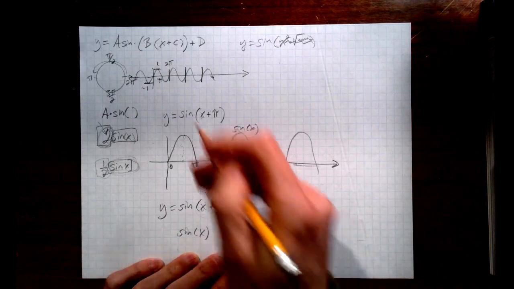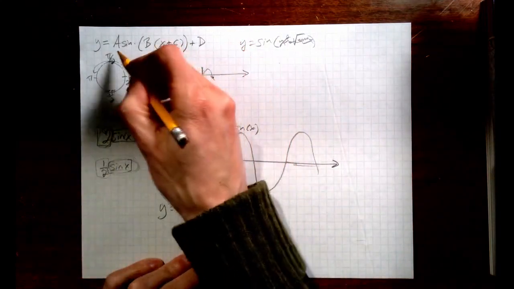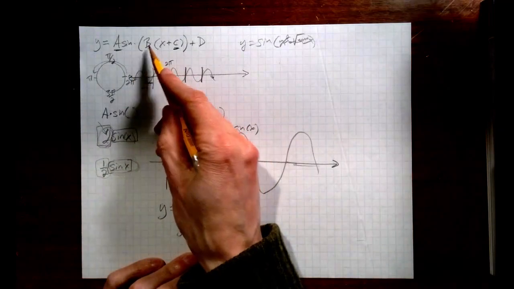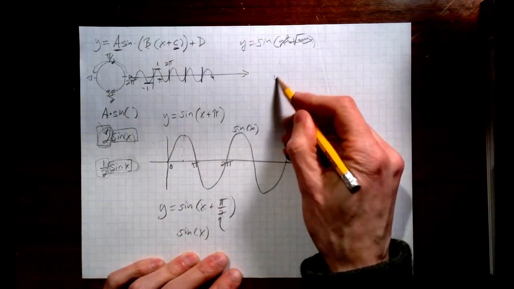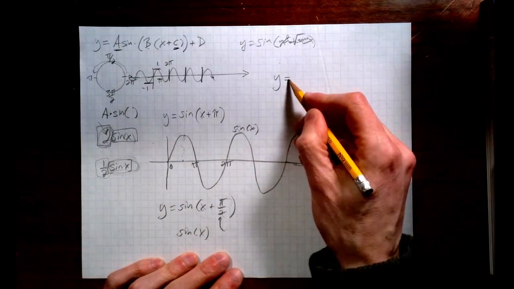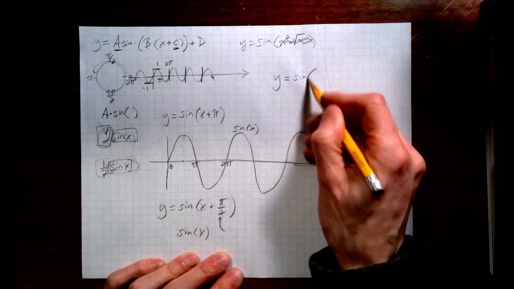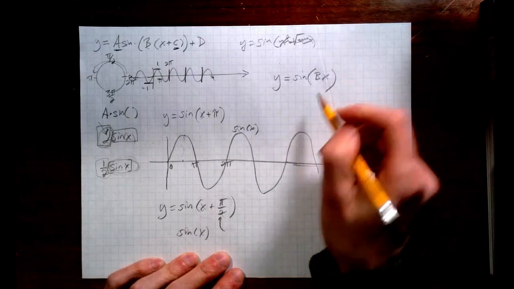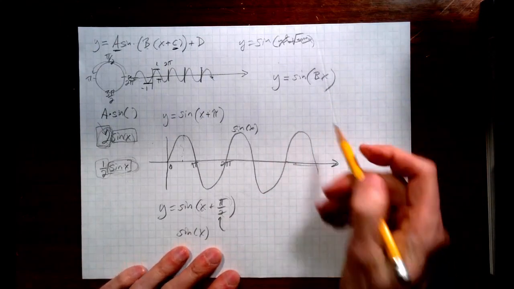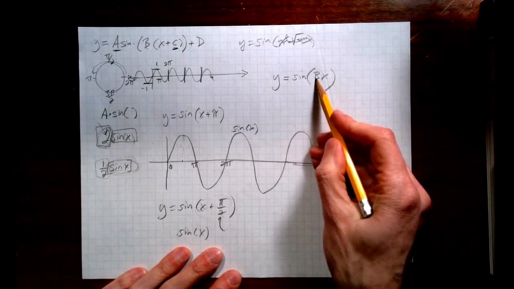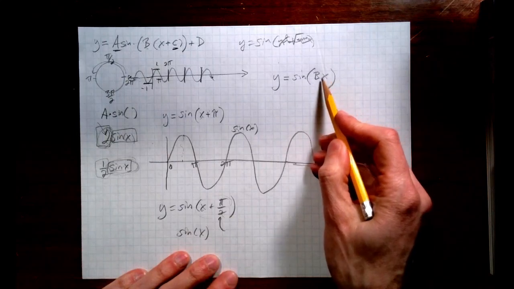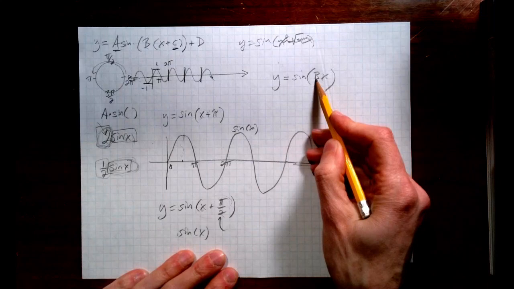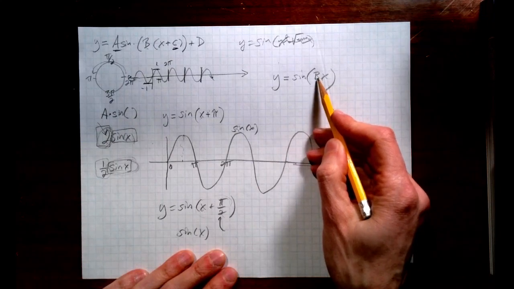So we did this, and we did this. And now let's look at this b here. So y equals sine b times x. So now, let's say b is, let's see.